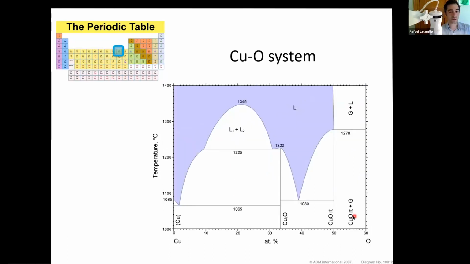So this is what we're talking about, a line compound of an oxide and a metal that doesn't dissolve any oxygen. Here's another example, copper-oxygen. Again, copper is written here in parentheses, as if it's a solid solution, but really there's vanishingly small oxygen dissolution in copper. There's some, but it's so small as to be invisible on this plot. I'll tell you that when you're making components for cryogenics or for space applications, you want oxygen-free copper.